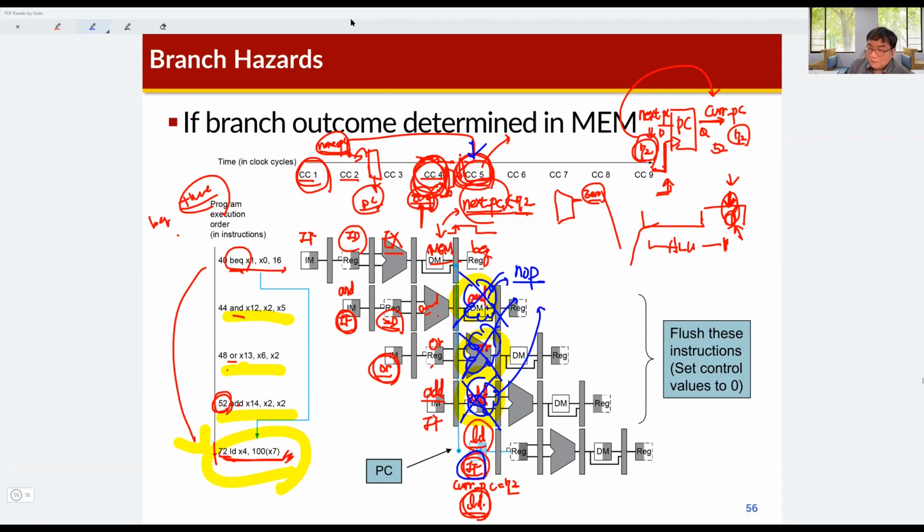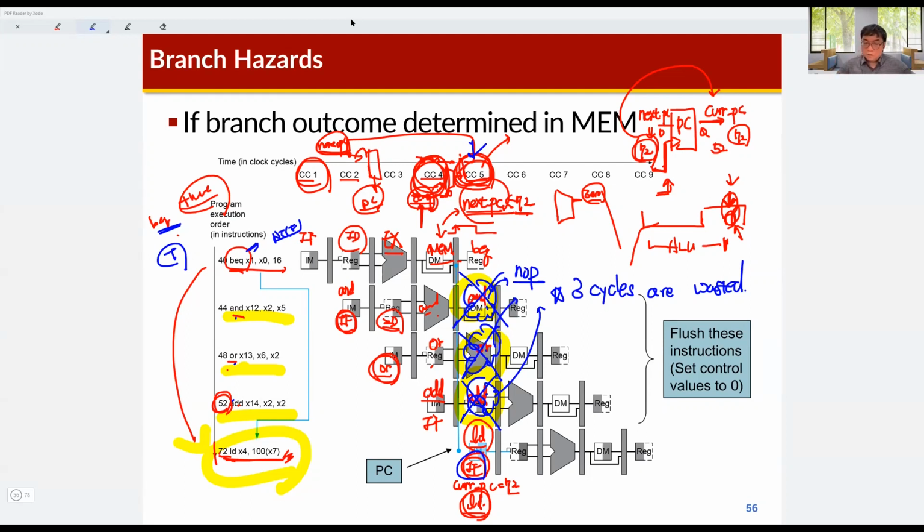That means 3 cycles are wasted because of the branch instruction. Actually, if the condition is not true, that means false, then the next instructions are executed. So that means we don't need to waste clock cycles.